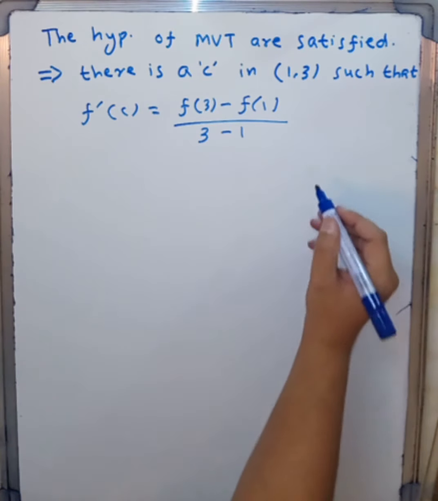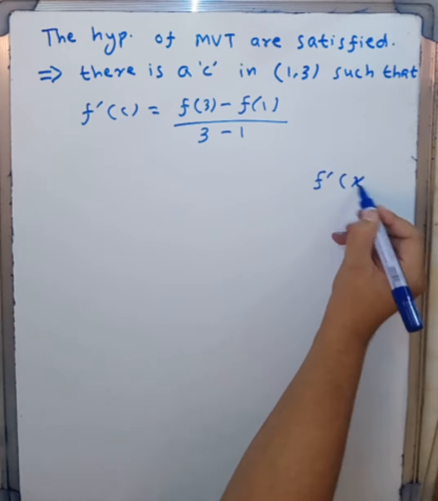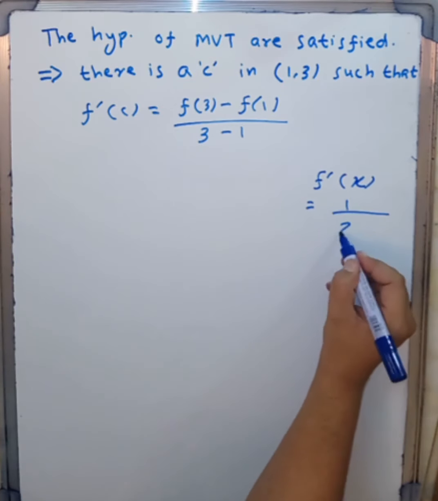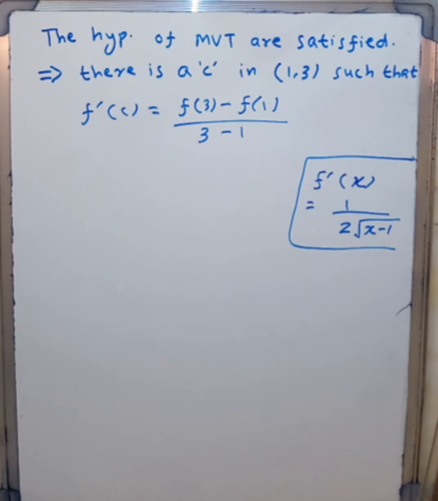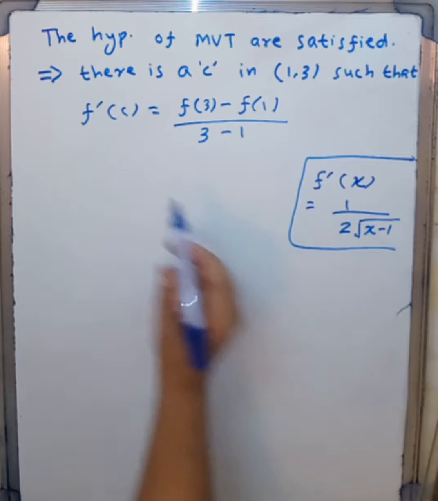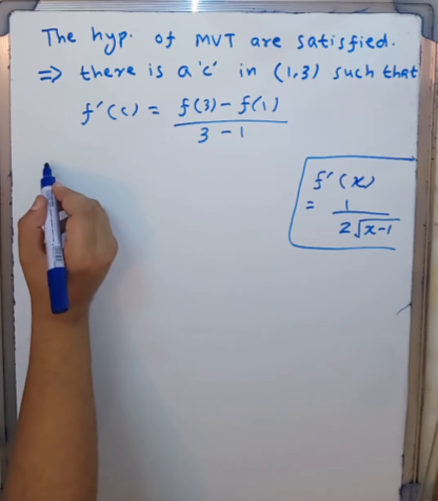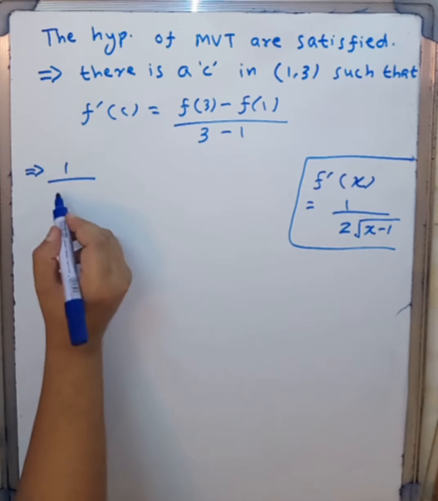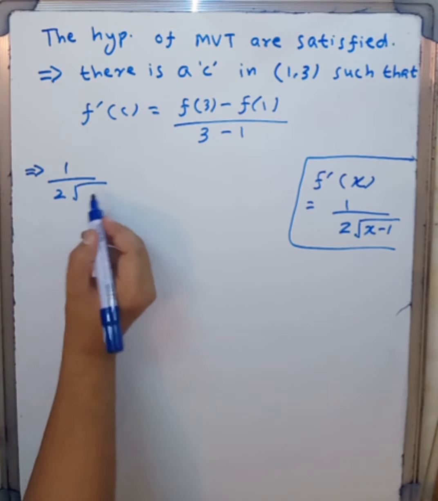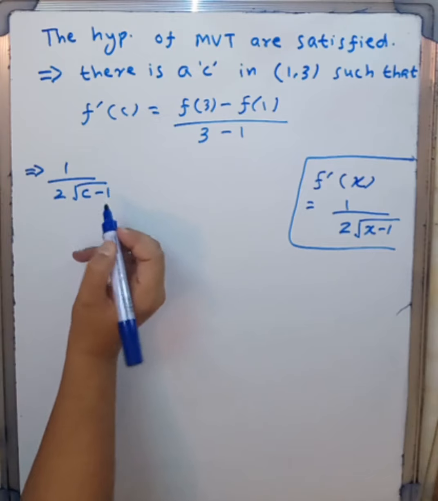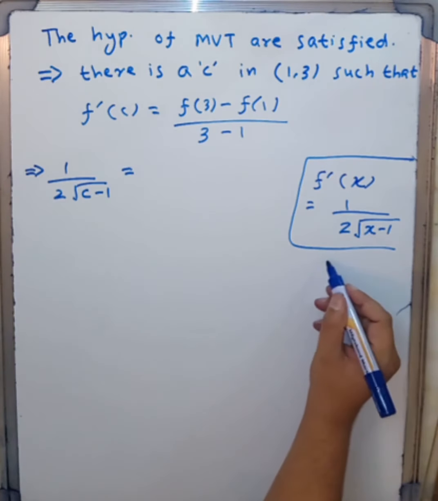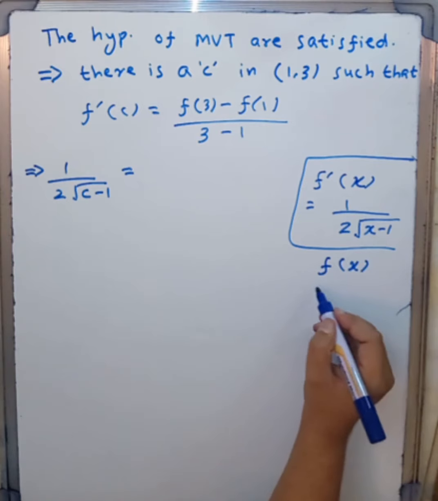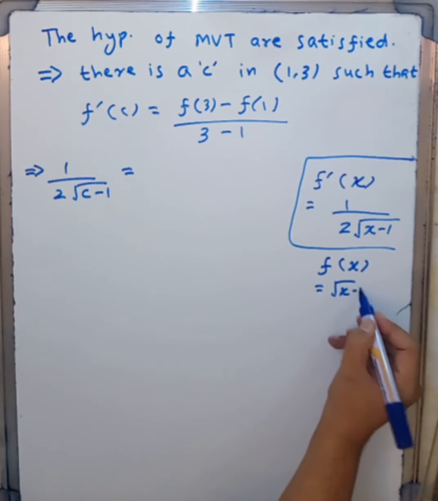We have already calculated f prime of x, that is 1 by 2 square root of x minus 1. Using this, we can write that f prime of C will be 1 by 2 square root of C minus 1. This is equal to, the function f(x) is square root of x minus 1.